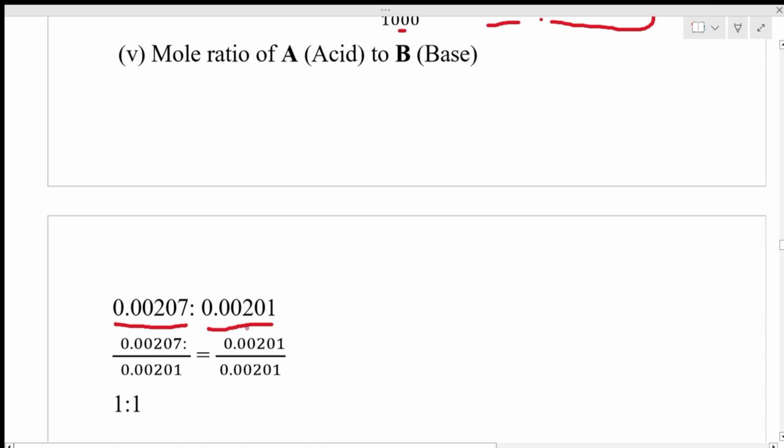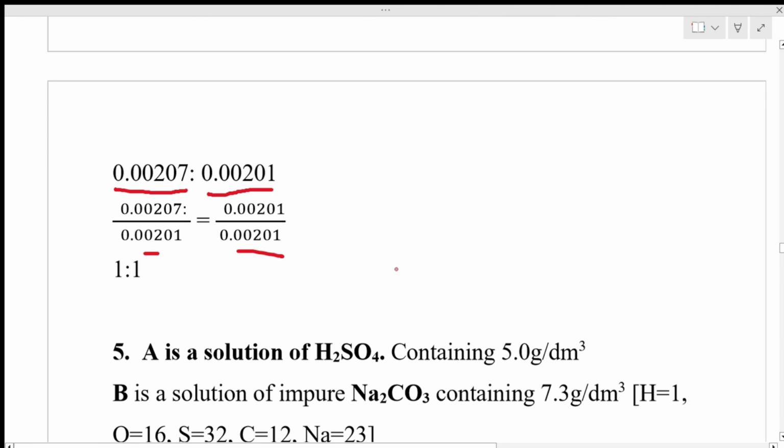The smallest is 0.00201. Dividing by the smallest, you have 1:1. Invariably, the question is telling you that from the knowledge of the acid that you know, that is H2SO4 reacting with trioxocarbonate, when you look at the acid to base ratio, it's 1:1. Did you catch it? Oh, chemistry is so fun.